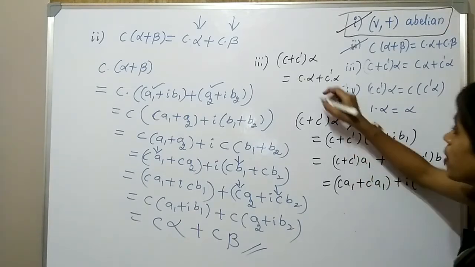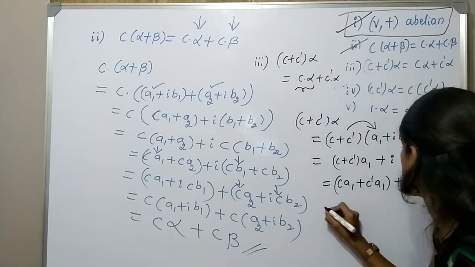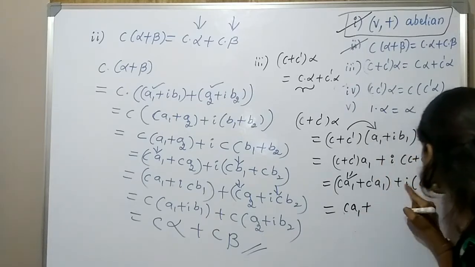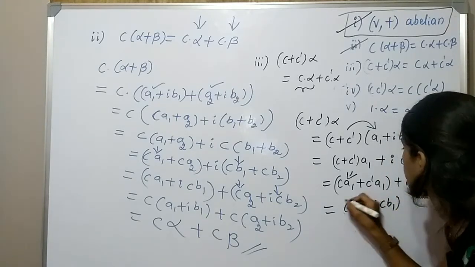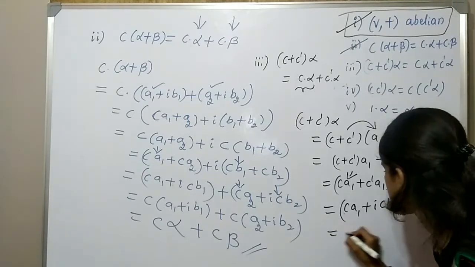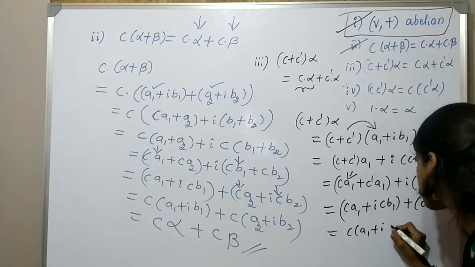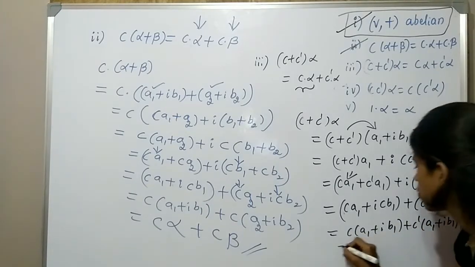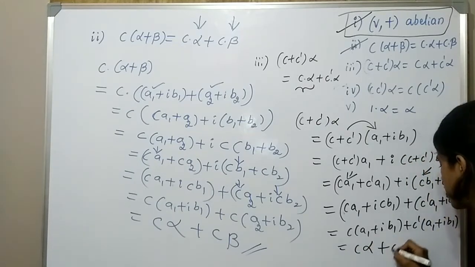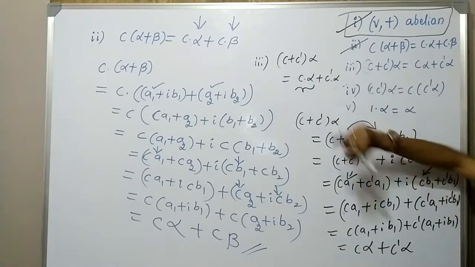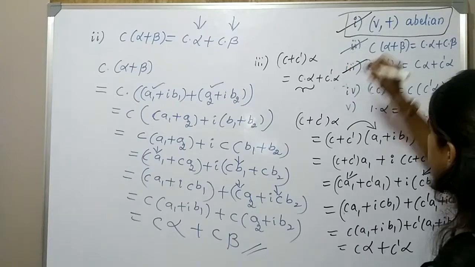Okay. So we must obtain c alpha. For that take c on one side, that is cA1 plus i into cB1, and next c dash on one side, c dash A1 plus i into c dash B1. So here c is common, so A1 plus i into B1. Here c dash is common, A1 plus i into B1. So c into what is A1 plus i B1? Alpha. c dash into what is A1 plus i B1? Alpha. So that is c dot alpha plus c dash alpha. So this is also over. This one is the third condition.